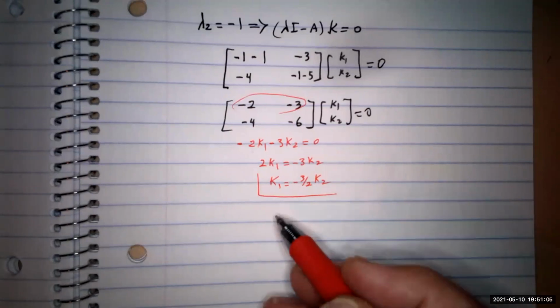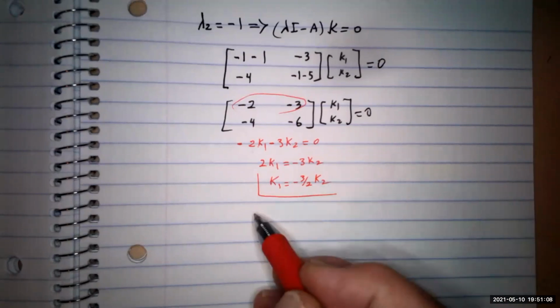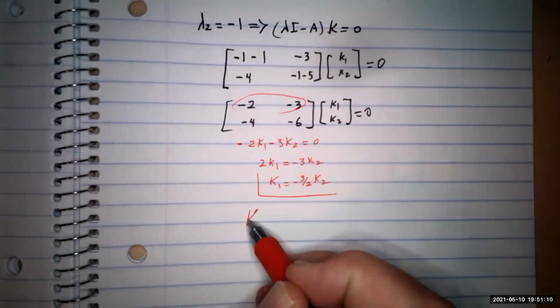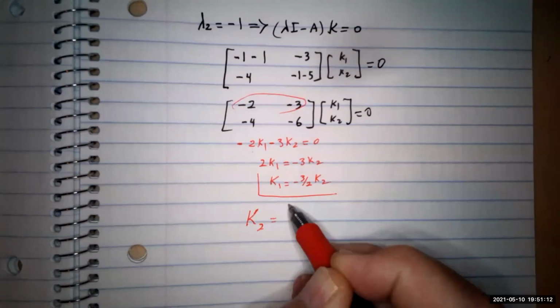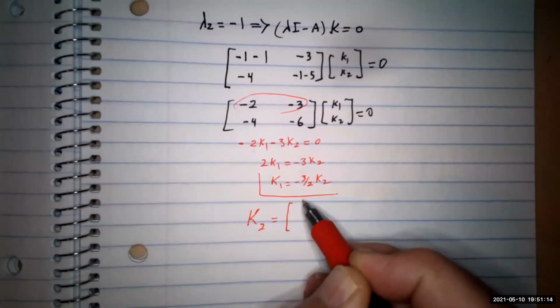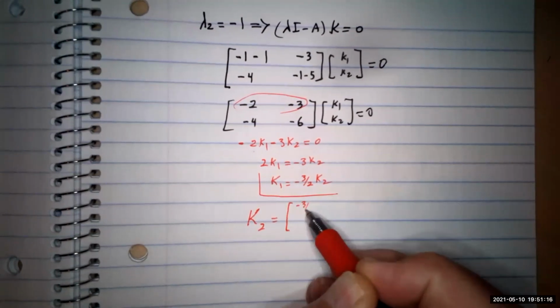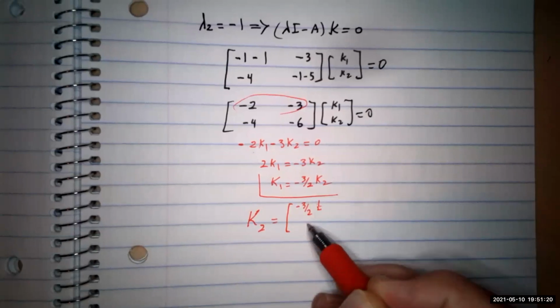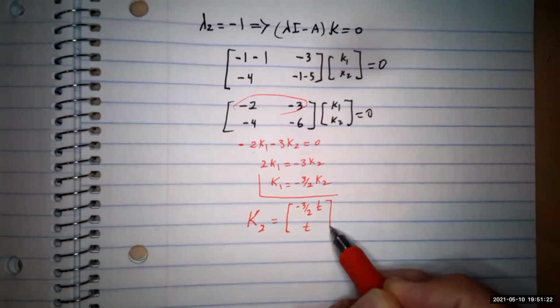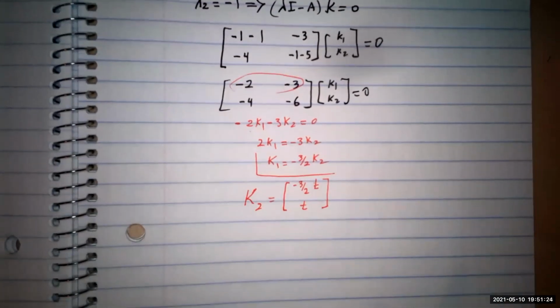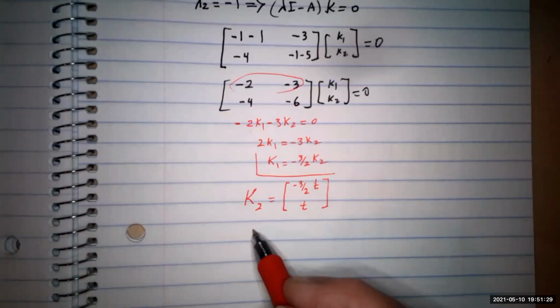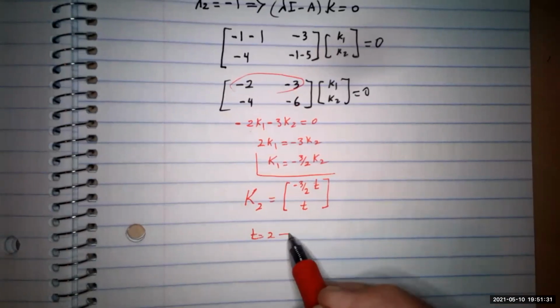So this is going to be your second vector K: K1 is -3/2 of T, and this is going to be T. Just simplify it. You can take T equal to 2.